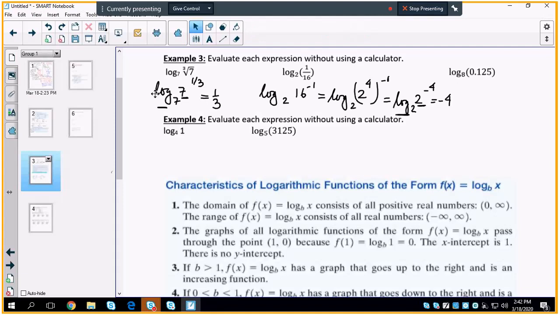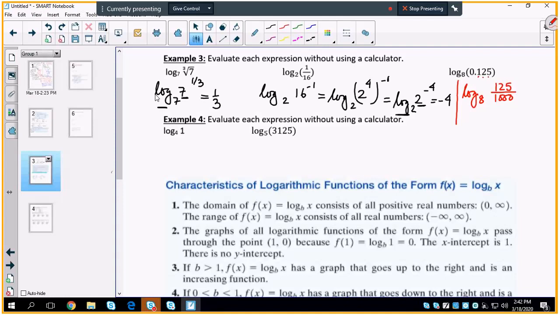The third one is a decimal number. To simplify, instead of 0.125, I write 125 over 1000. I count the number of decimal places, there are 3, so I need 3 zeros, to the base 8. Then I simplify the fraction 125 over 1000.